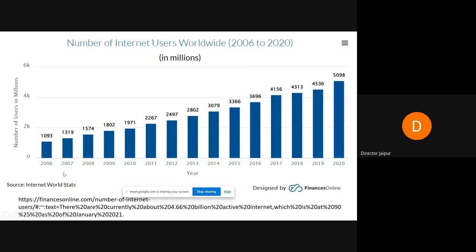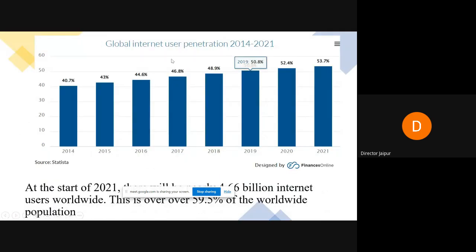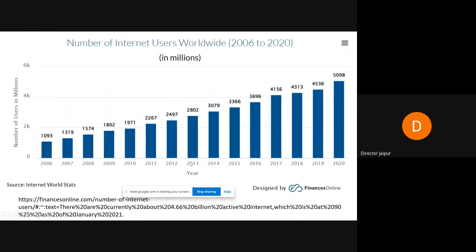But then suddenly you see a very steep exponential growth in the number of internet users, because of its usability, of course. Then global internet user penetration from 2014 has increased from 40% to 53.7%. I have given you the reference down here. You can see the same stats from there.